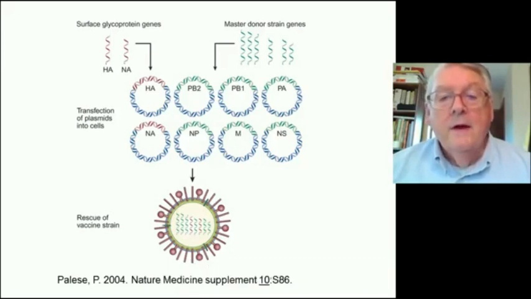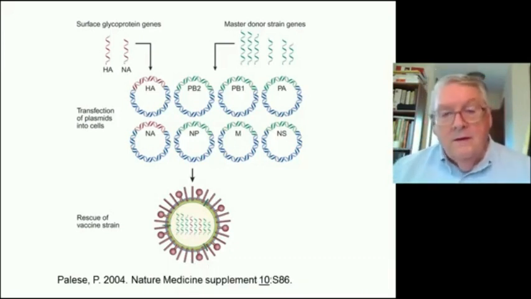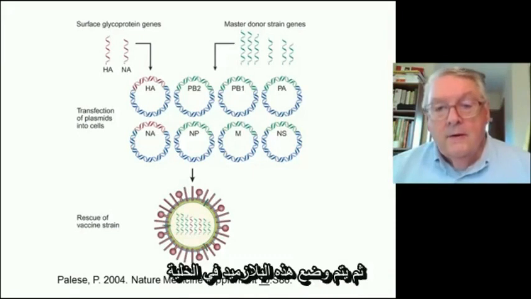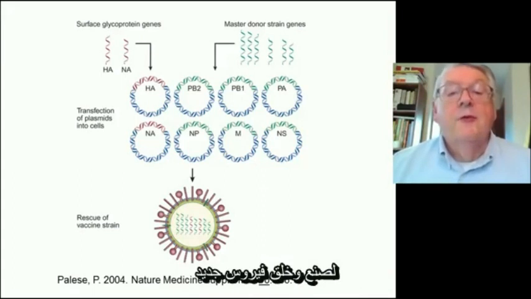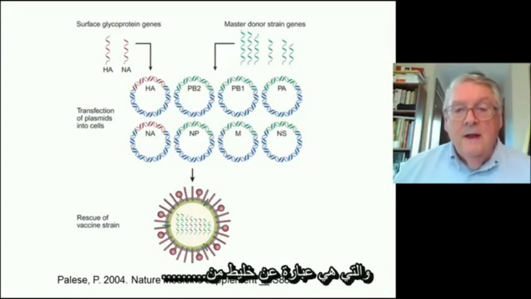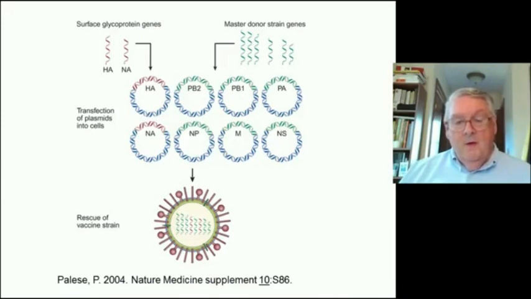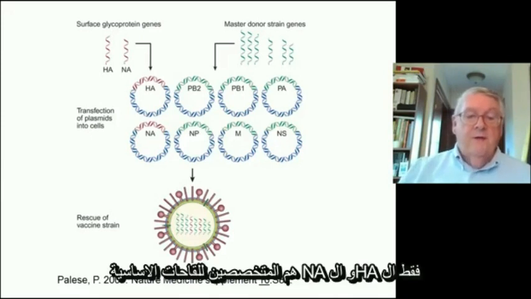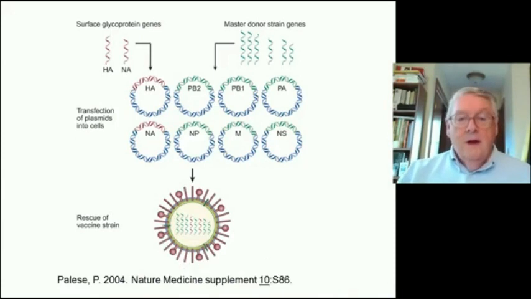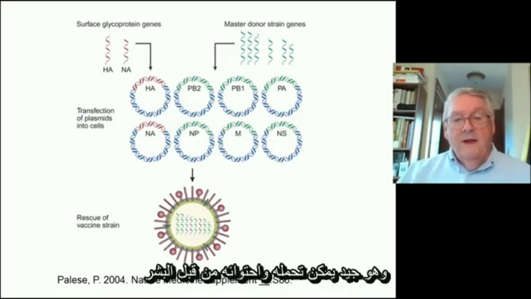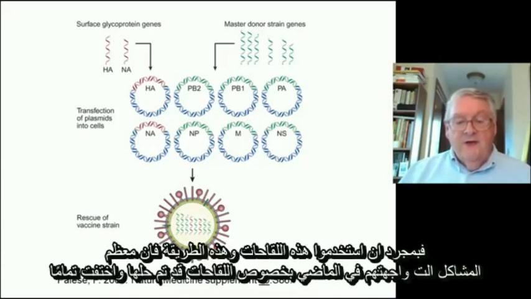And those plasmids are put into a cell to make a new virus, which is a combination. Now, only the HA and the NA are specific for the current vaccine. The backbone comes from A Puerto Rico, which is well tolerated in people. And once they started using this vaccine, all of the problems that we've had with vaccines in the past, or most of the problems, have gone away.